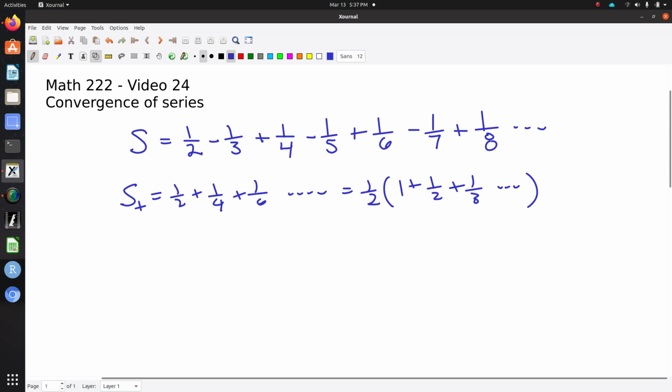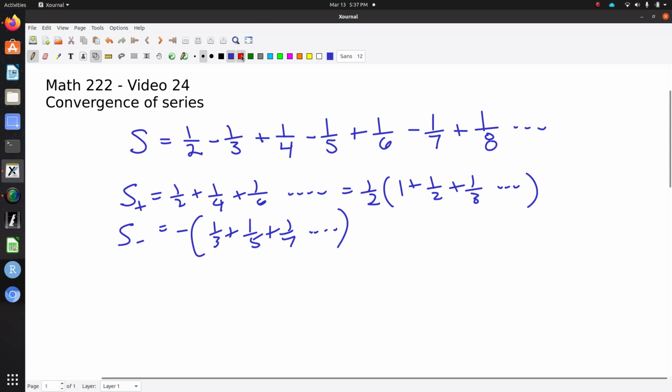And the same thing can really be done with the negative side. So you can say negative 1/3 plus 1/5 plus 1/7, blah, blah, blah. And you can use exactly the same proof we used before, but let's just make our lives a little easier. Instead of just adding 1/2, 1/2, 1/2 like we did before, we can just add 1/4, 1/4, 1/4.